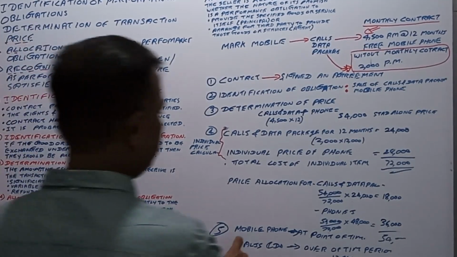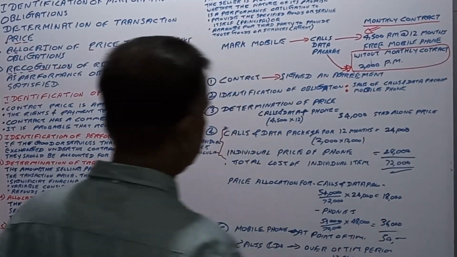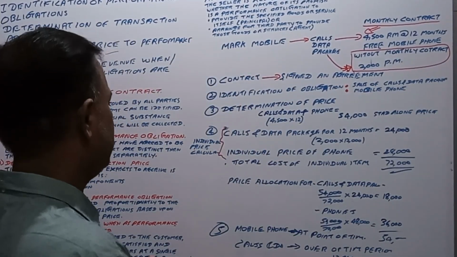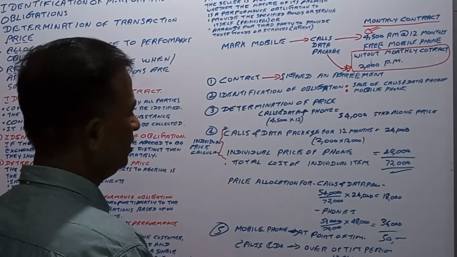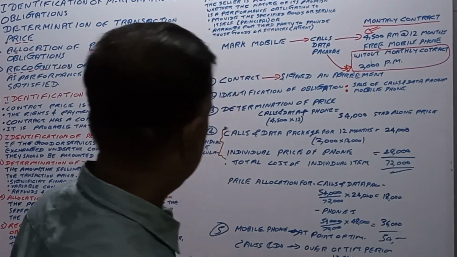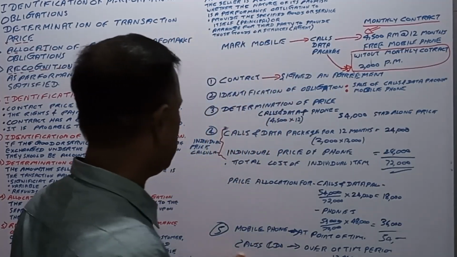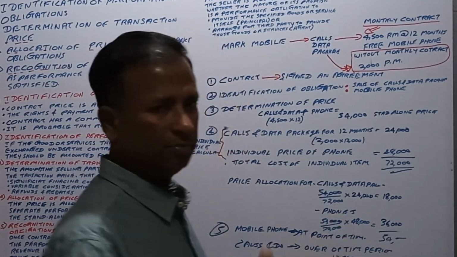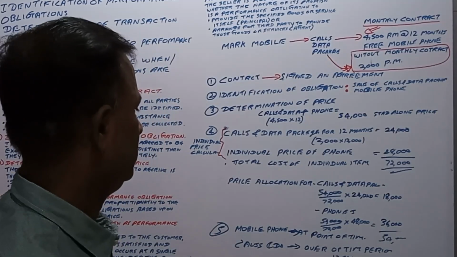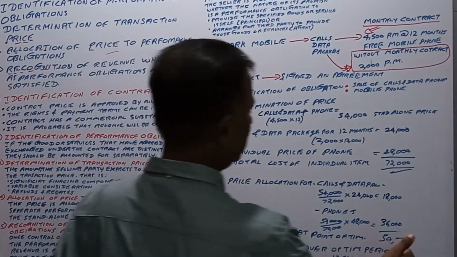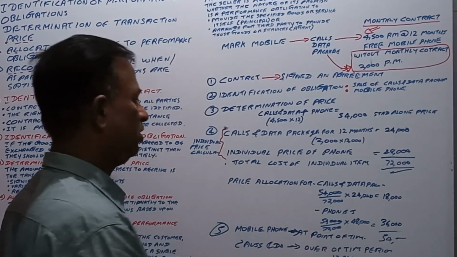Mobile phone is at the point of time. Recognize the revenue of the phone in the same period. The calls and data over a time period of 12 months. Both are falling into the same year, no? So here no problem.